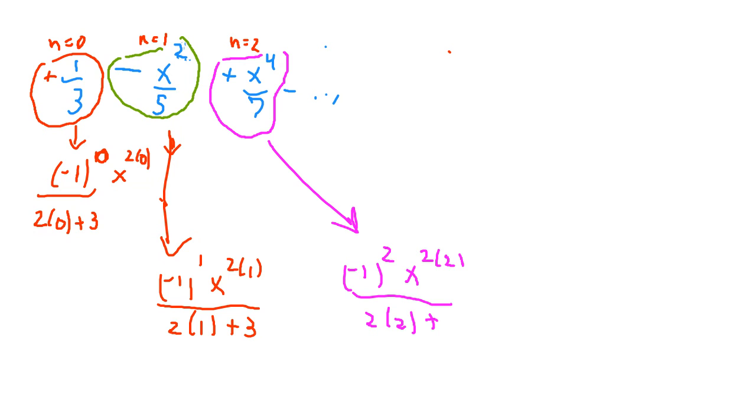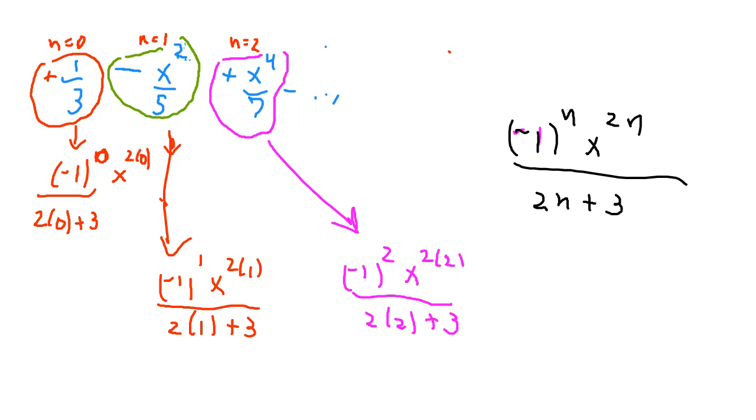And I think we have the pattern. The pattern based on the first three terms is going to be (-1)^n times x^(2n) all over 2n plus 3.